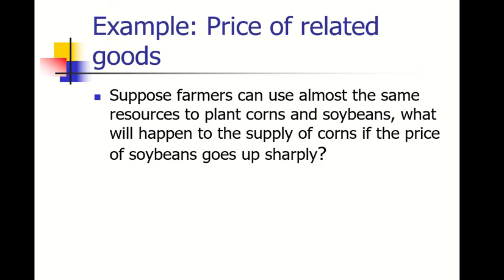So take, for example, corn and soybeans. Corn and soybeans use almost the same resources, same type of soil, same type of planting, and so on and so forth. So what will happen to the supply of corn if the price of soybeans goes up sharply?